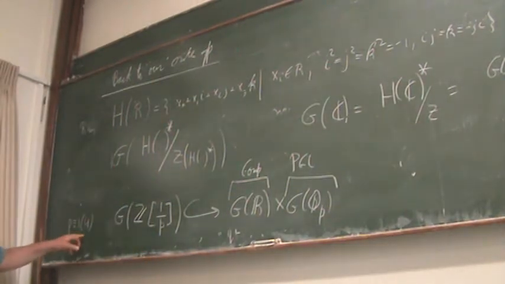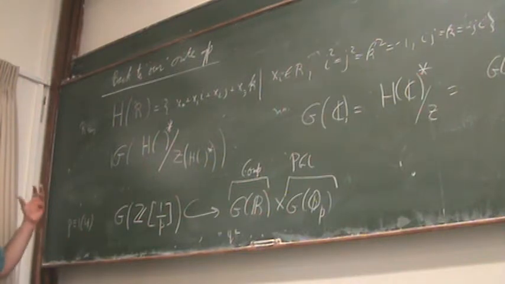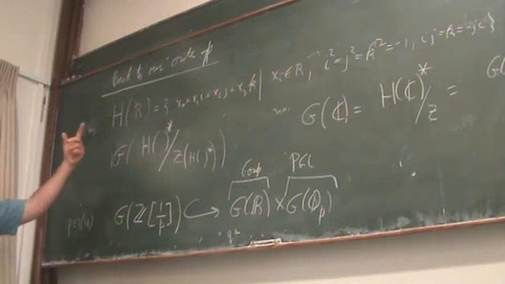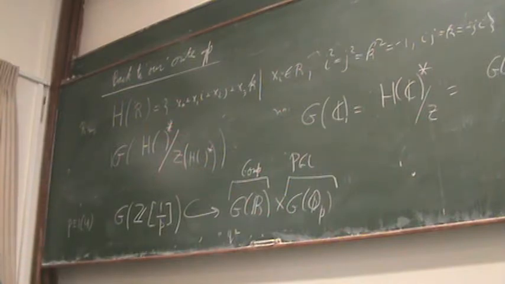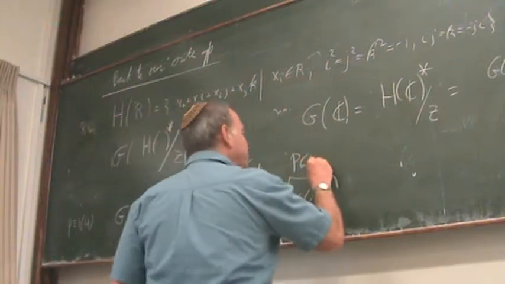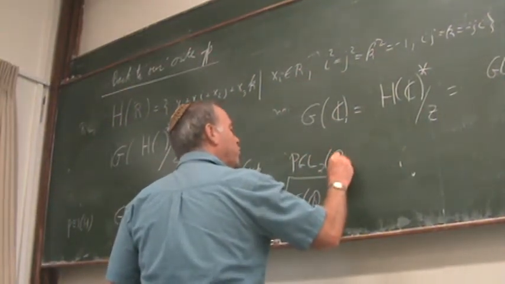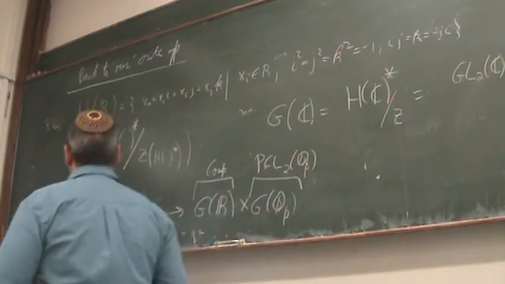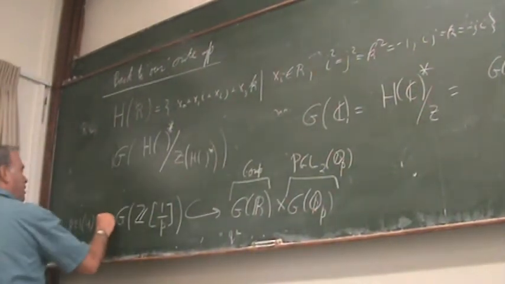If p is congruent to 1 mod 4, then you have the square root of minus 1 inside the field, and if minus 1 is a square inside the field, then the quaternion algebra over that field is isomorphic to the 2 by 2 matrices. So this is PGL2 of Qp. And that's what gave us the lattice gamma.